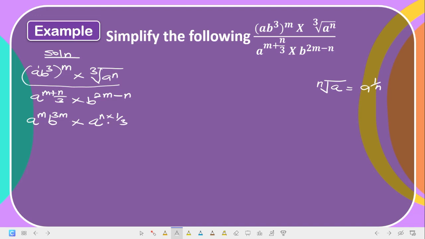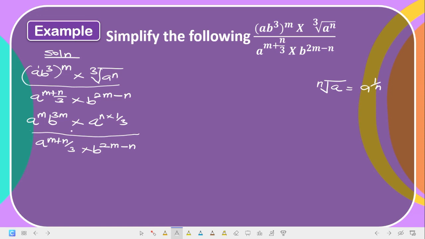Do you get the point now? That's it. All over, then we have a^(m+n)/3 times b^(2m-n).